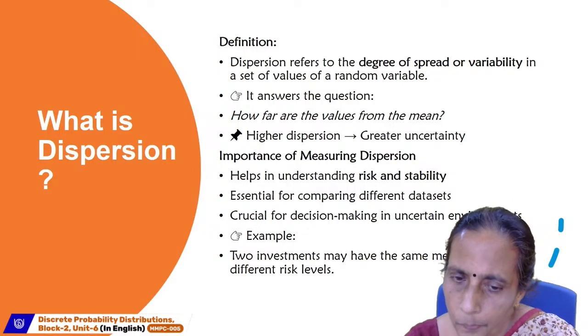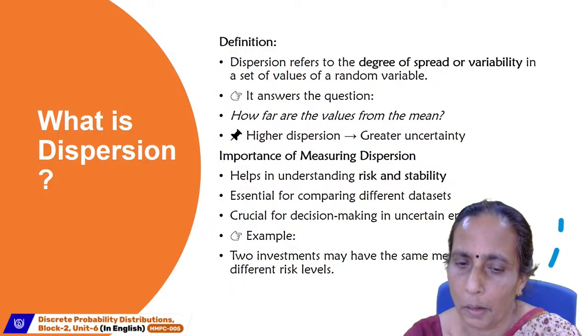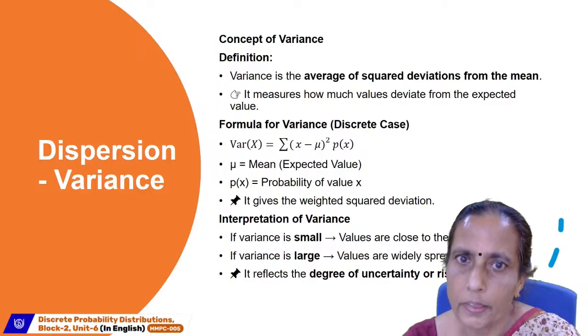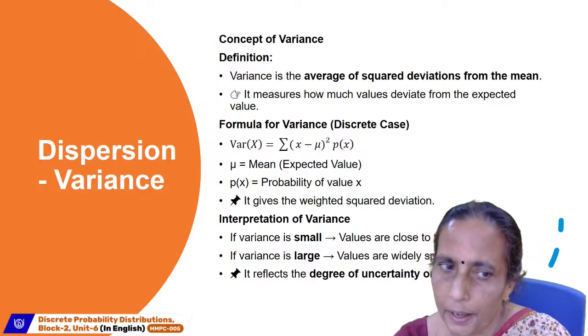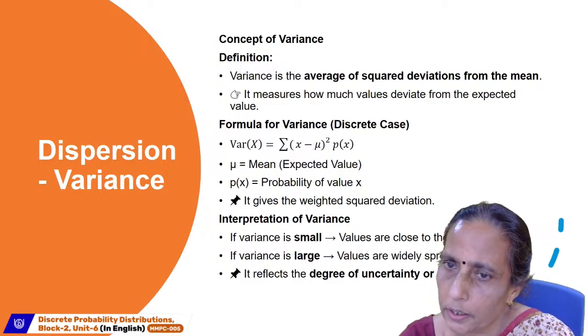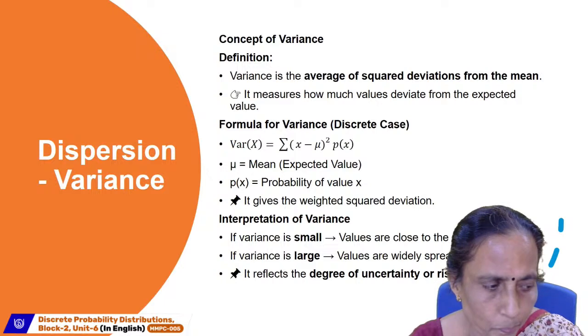For example, two investments may have the same mean return but different risk levels. The concept of variance is the average of squared deviations from the mean. It measures how much values deviate from the expected value.